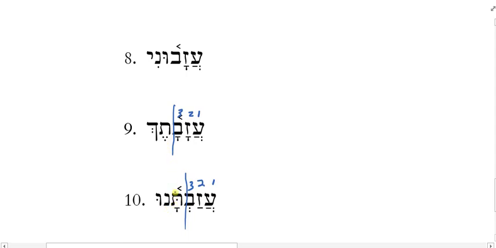Now take a look here at what we've got. This one is ta with the kamets, and then a nu following. This one is a tav, and what follows that is a kaf with a silent shva. Okay? So I've got different vowel points here. If I had to choose between second masculine singular and something else, which one of these looks like the second masculine singular perfect personal ending?